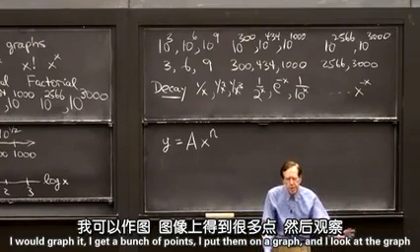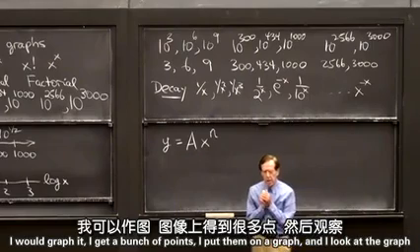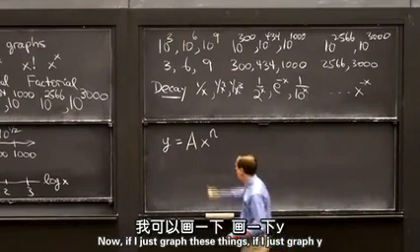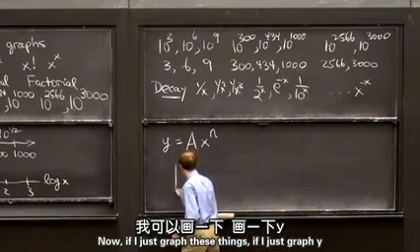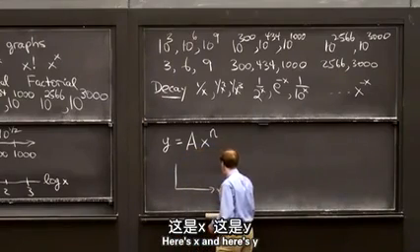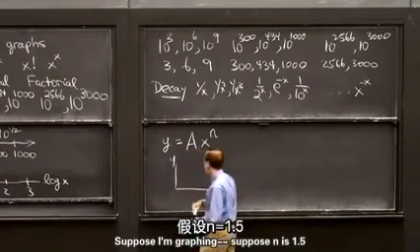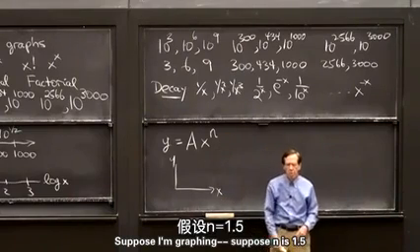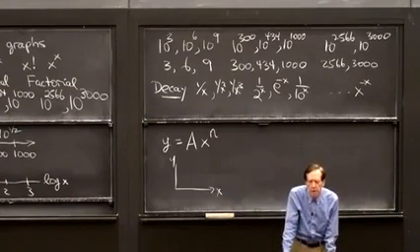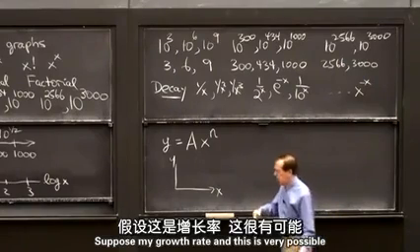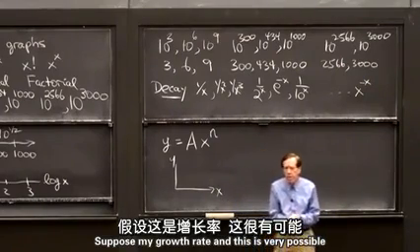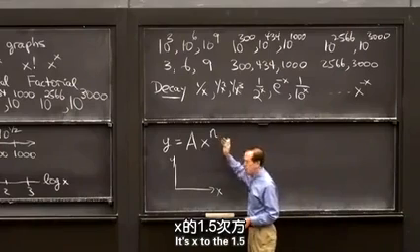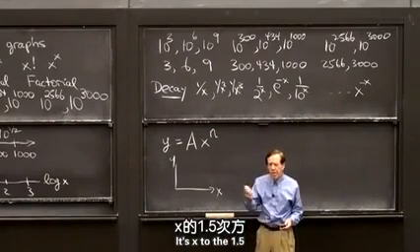Okay, I would graph it. I get a bunch of points, I put them on a graph, and I look at the graph. Now, if I just graph that y, here's x and here's y, suppose n is 1.5. Suppose my growth rate, and this is very possible, is x to the 1.5.